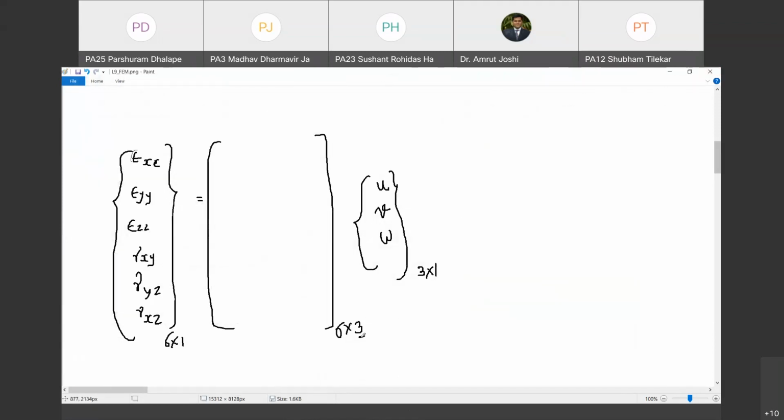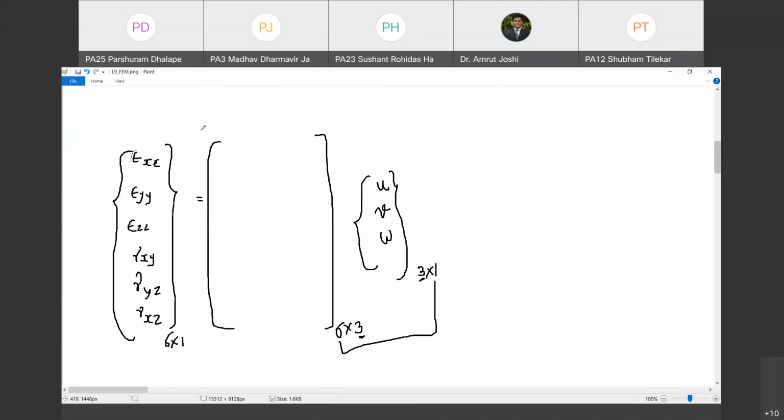Number of columns of this matrix are equal to number of rows of this matrix. So then the resulting matrix will be of the size 6 cross 1, which is number of rows of the first matrix and number of columns of the second matrix. Therefore, this matrix which connects strains with displacement fields must be 6 cross 3. Are you with me? Please type your response in chat box.